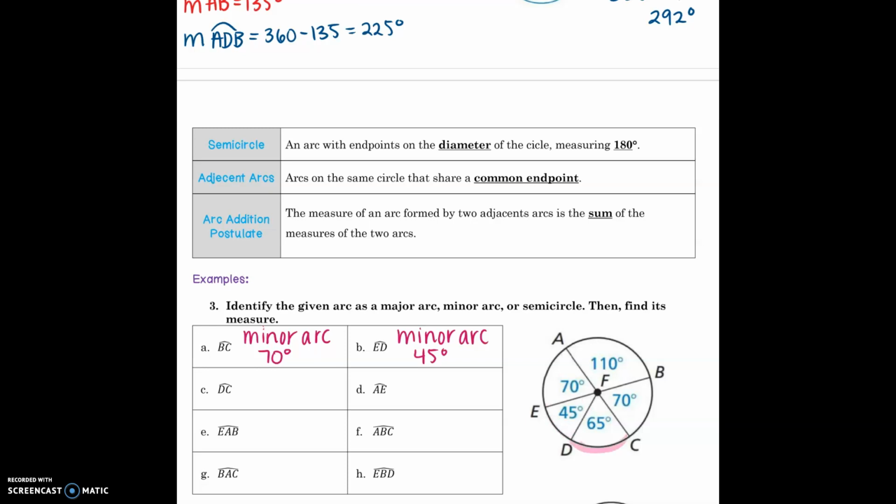Next we have DC, again another minor arc, and it's equal to its central angle, which measures 65 degrees. Next we have AE. Arc AE is also a minor arc, and it's equal to the measure of its central angle, which is 70 degrees.